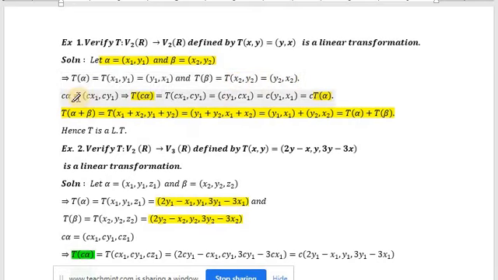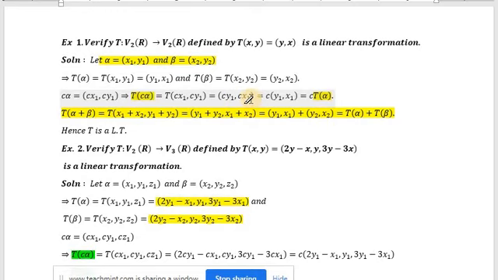Now let us consider c into alpha. c alpha is nothing but (cx1, cy1). Let us take the transformation on both sides. So we get T of c alpha is equal to T of (cx1, cy1). T of (cx1, cy1) is (cy1, cx1).